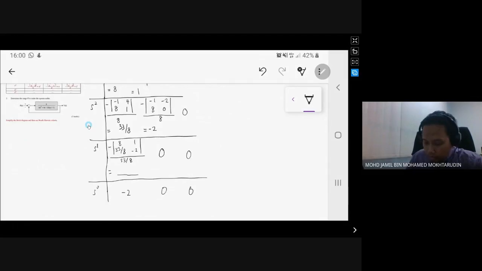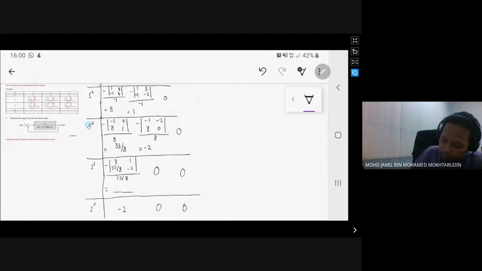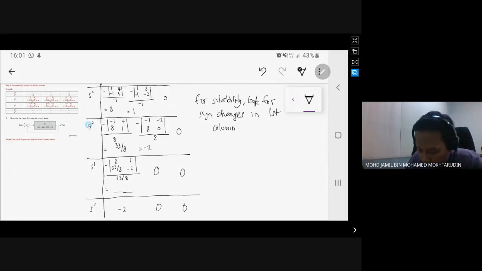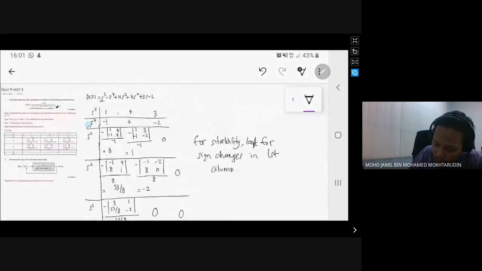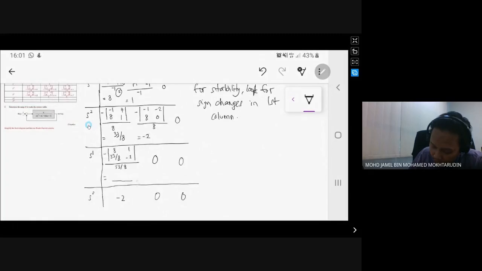All right, after this, you need to look at the first column for stability. Look for sign changes in first column. Okay, so in the first column, you have first one sign change here, another one here, and then I think this is positive.